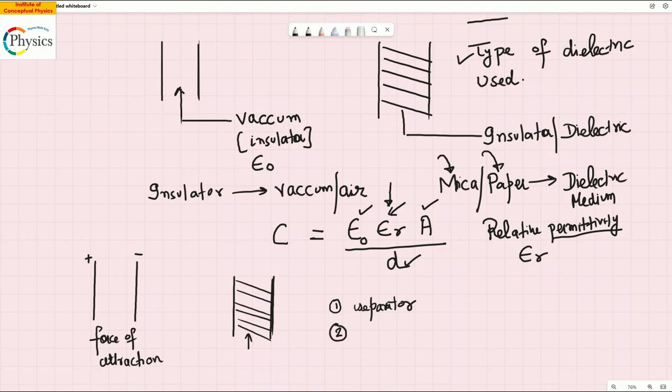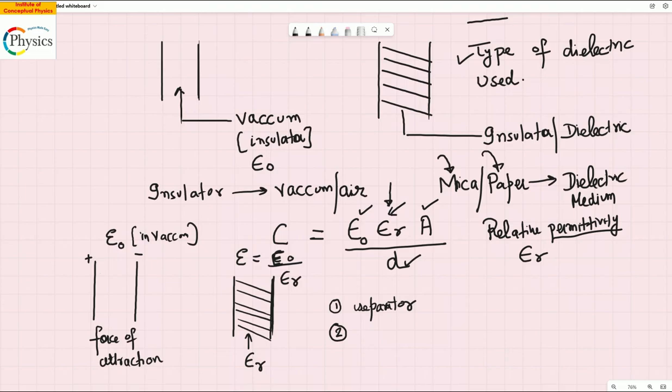The second thing which happens is that the dielectric reduces the electric field between the parallel plates. So if you have an electric field E here, in vacuum for example, this is the electric field in vacuum. If you introduce a dielectric of relative permittivity epsilon r, the new electric field will be given by E naught, the electric field in vacuum, divided by epsilon r.